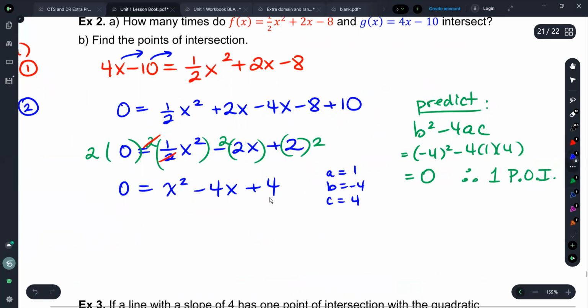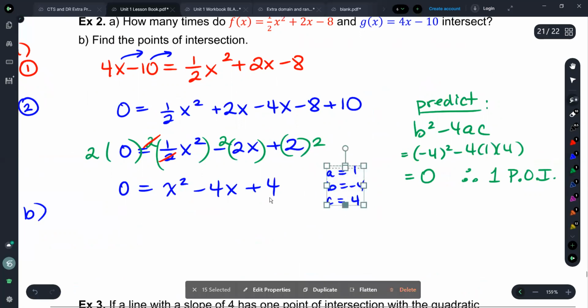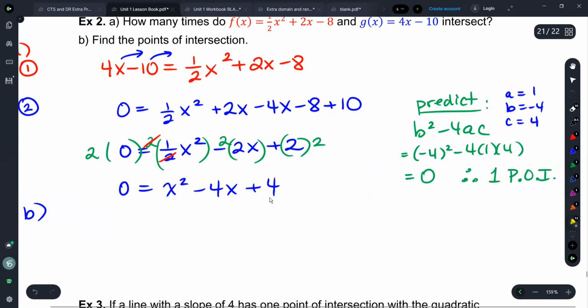Okay, so for part B, we want to solve this. So I have two options. I can try to factor if possible, or if I can't factor, then I will use quadratic formula. So the question is then, can we factor this or not?